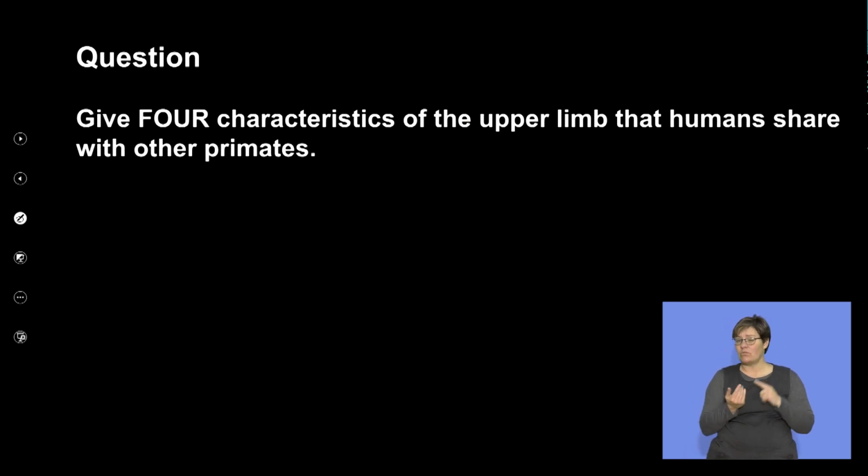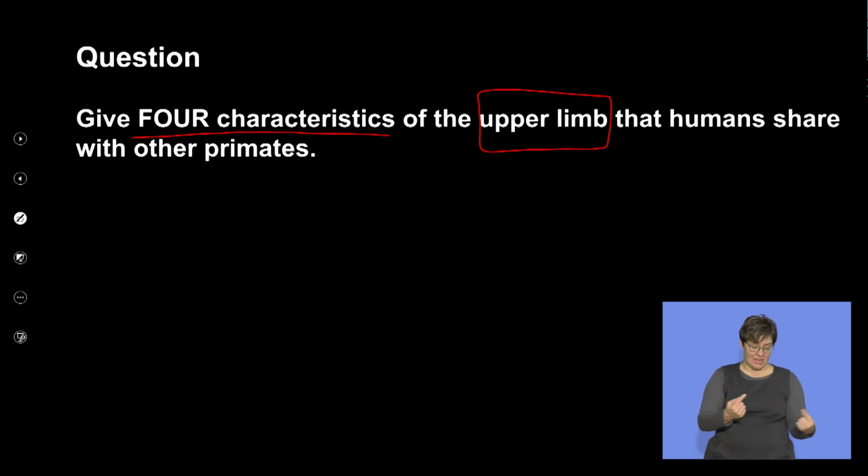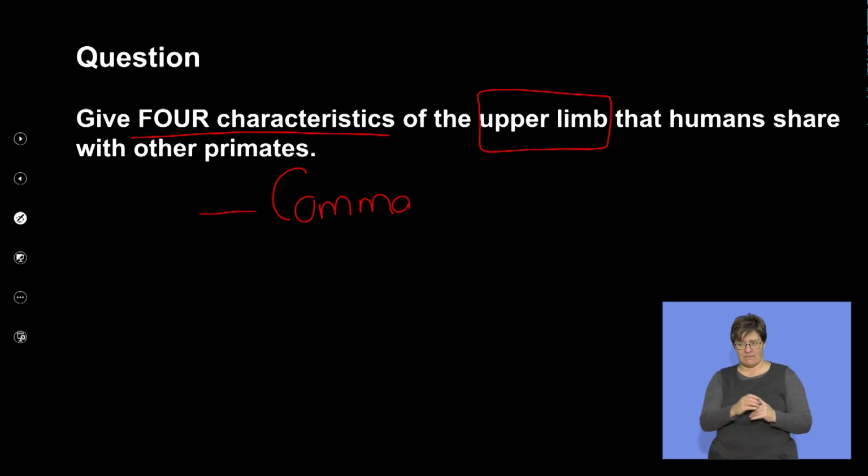Our time is running out, but I just want to show you the kinds of questions. Give 4 characteristics of the upper limb that humans share with other primates. So guys, what are we going to do? We're going to go things we have in common. All right, now remember, you've got to go back to that little picture that we had. Upper limb, so only the arm.